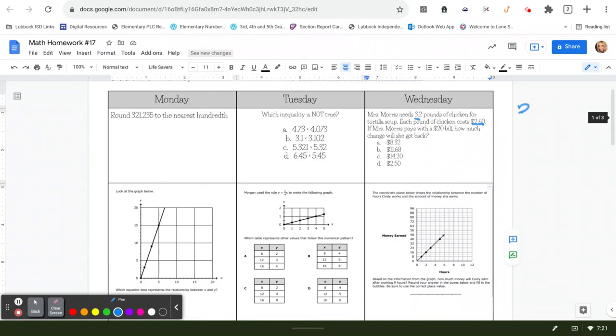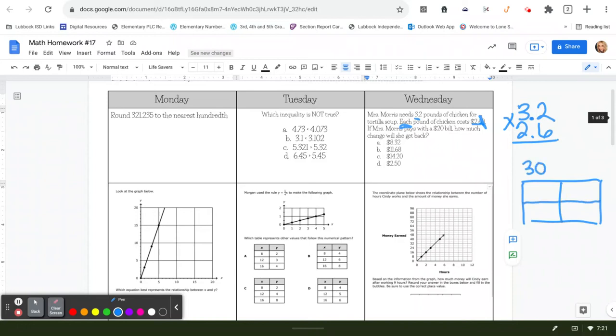I need 3 2/10 pounds, and each pound costs $2.60. But remember what I told you, we can drop that 0 for multiplication purposes, okay? So you need to make your area model. Those of you who are doing your standard algorithm right now for decimals, you're doing side by side.